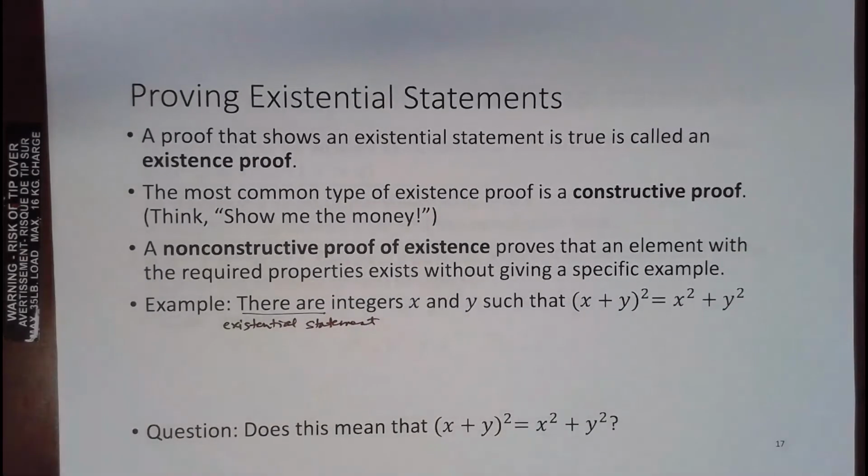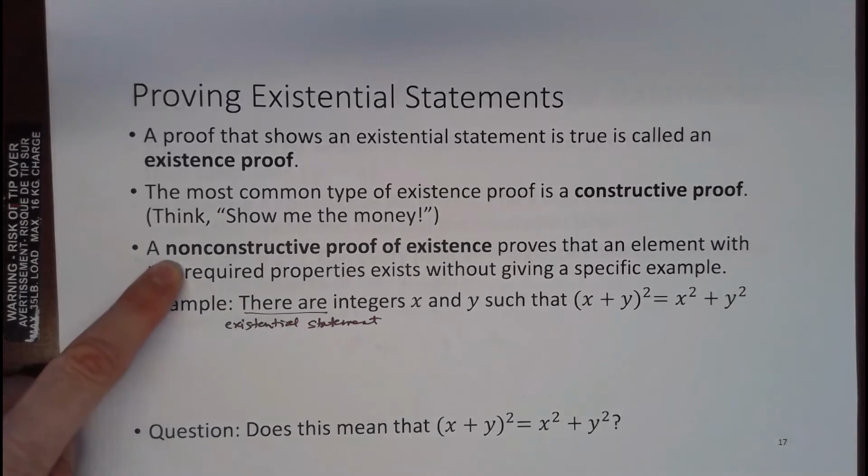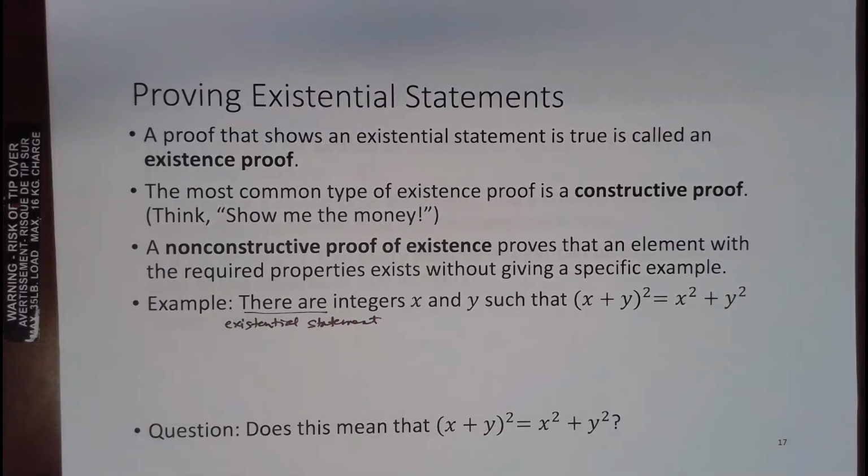If I want to prove this, then I should either do a constructive proof where I find x and y that make this true, or if I can't find an x and y that make this true, then I would have to do some kind of non-constructive proof and argue that this could happen without telling you what they are. But probably you can find examples. So can you find an x and y that would make this thing true?